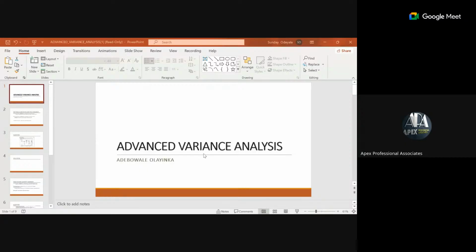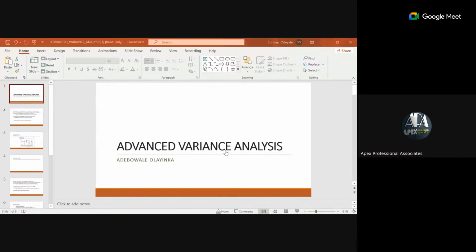As long as you have more than one type of labor, then you are expected to go through the advanced variance. Note that this is conditioned on the question providing you with information to be able to compute your advanced variance. In a case where the question does not give you such information, then you are free to just do the basic variance and you will get your full mark.